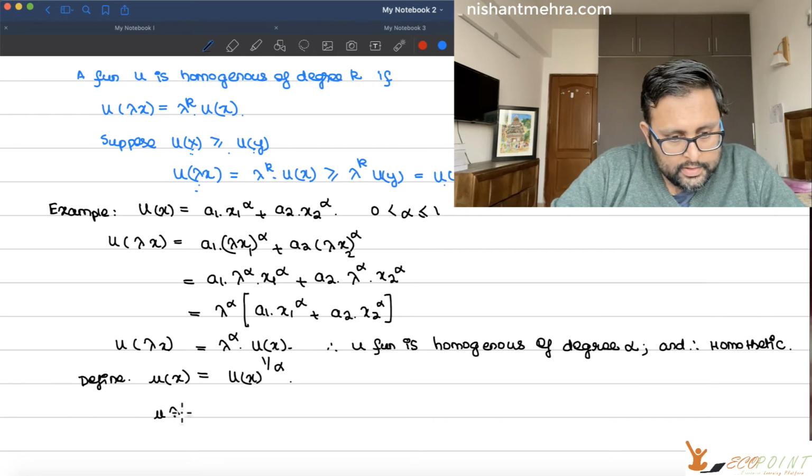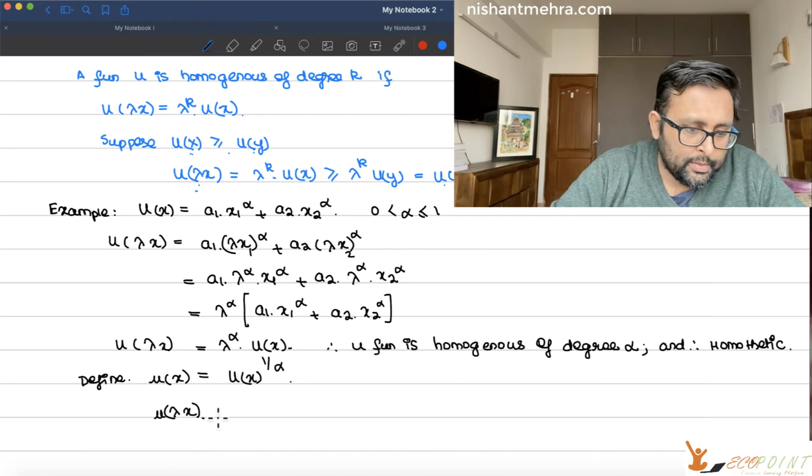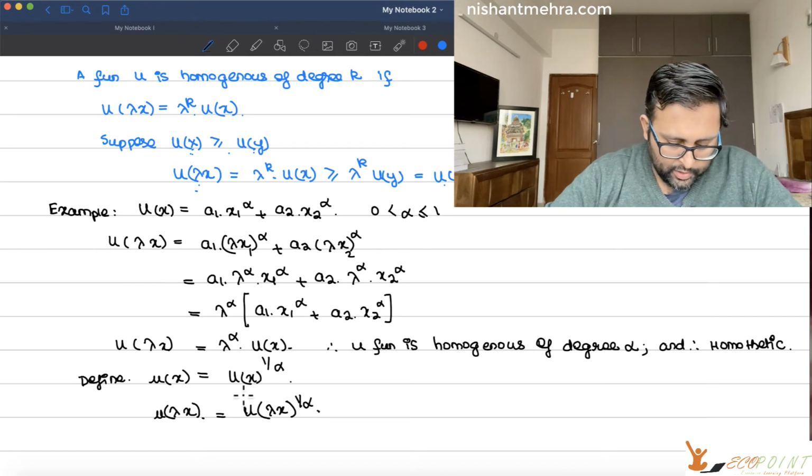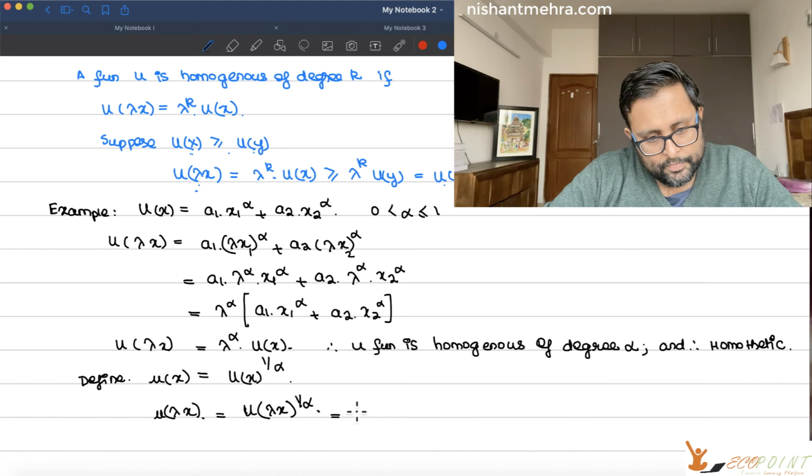And then I write small u of lambda x would be capital U of lambda x to the power 1 upon alpha. So since this is homogeneous, I can write it in which fashion?